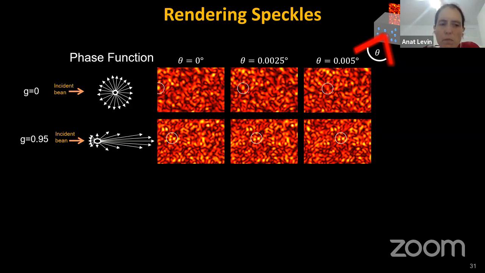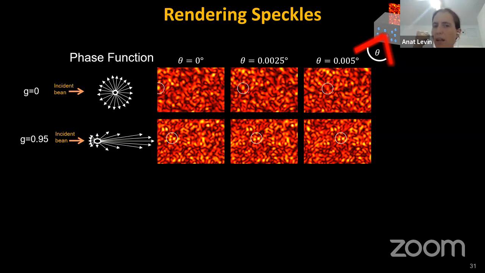And in the second row, we have a forward scattering phase function, meaning that when a light beam hits a particle, it scatters, but still most of the light is going forward, and only a small percent is scattered in the backward directions. And forward scattering phase functions are interesting because that's what happens in tissue. Tissue usually has a very forward scattering phase function. Therefore, for tissue imaging applications, that's the more interesting case.